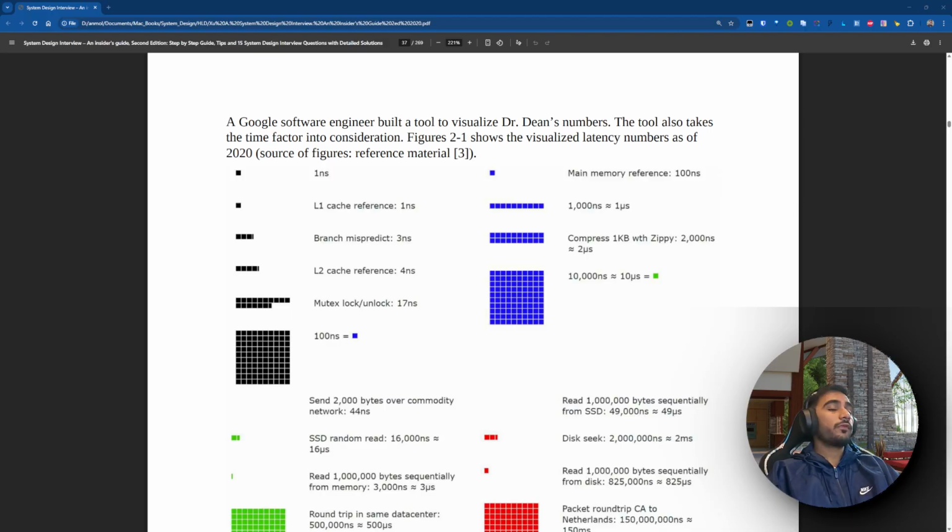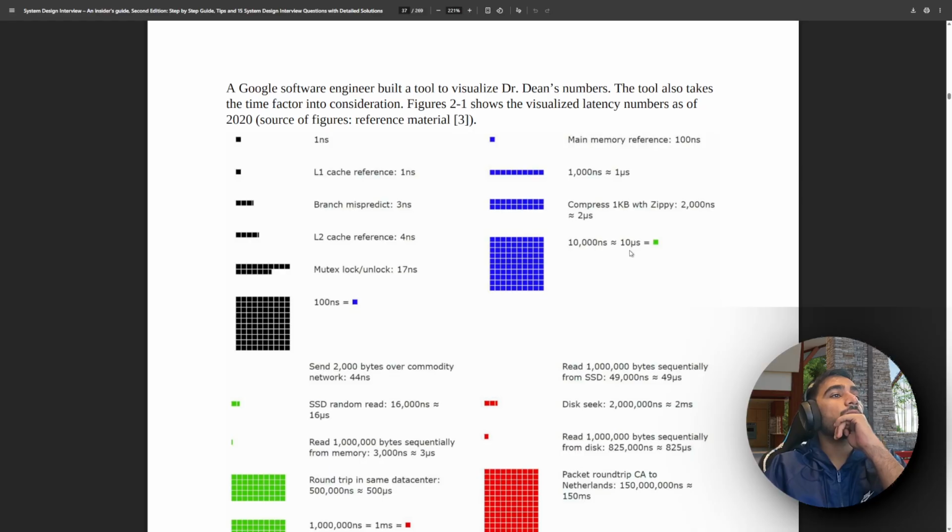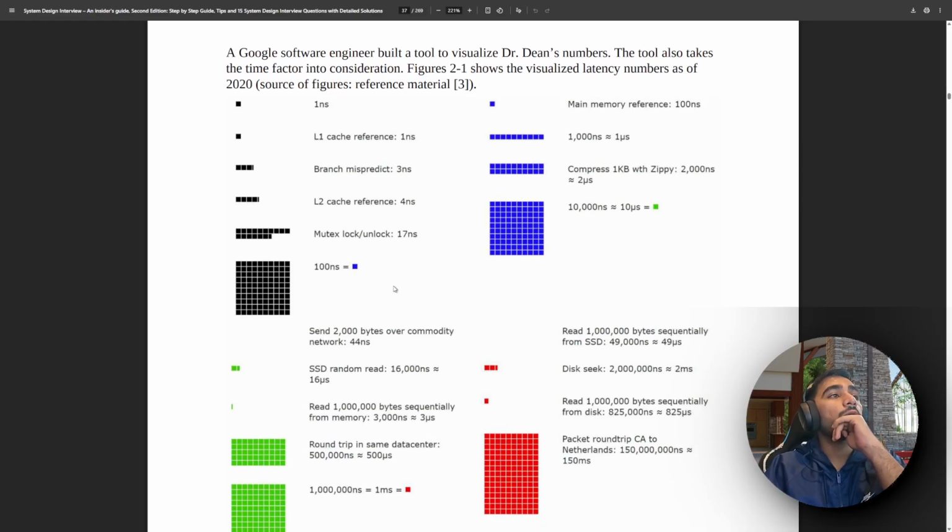Now moving ahead. So 10,000 nanoseconds is 10 microseconds, which is one green dot.